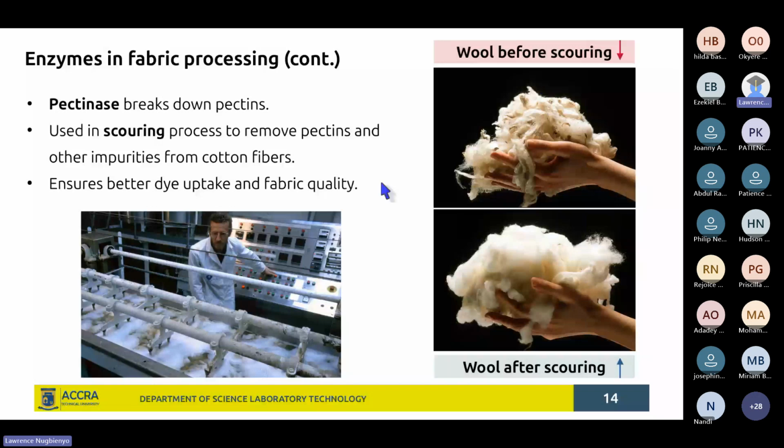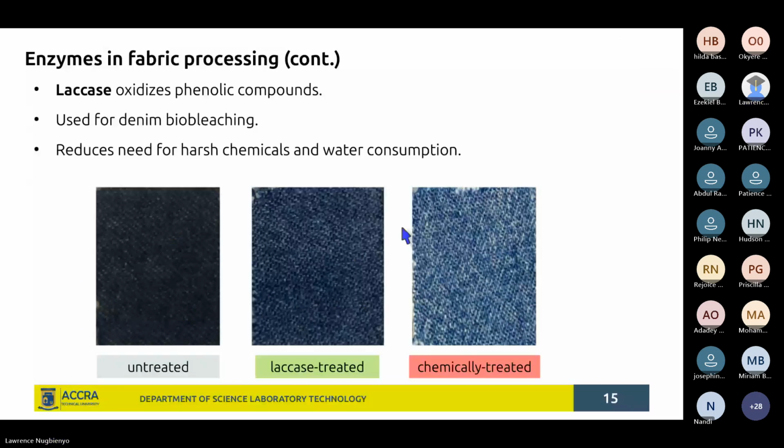Another enzyme is laccase. Laccase oxidizes phenolic compounds, and it's an enzyme which is used in the process of biobleaching. This is usually in the production of denim.